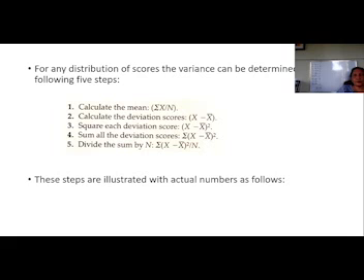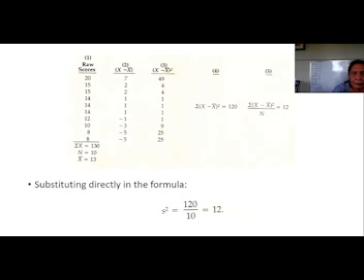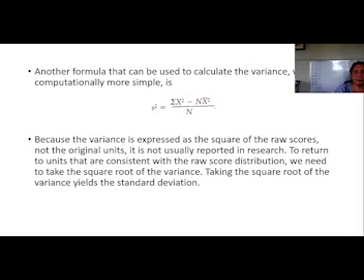First, for any distribution of scores, the variance can be determined by the following steps. You calculate the mean, calculate the deviation scores from the mean, square each deviation, sum all the squared deviation scores, and divide the sum by n. You can just follow this later, because I'd like to discuss how we find the mean, median, mode, and standard deviation when we have a huge number of scores.